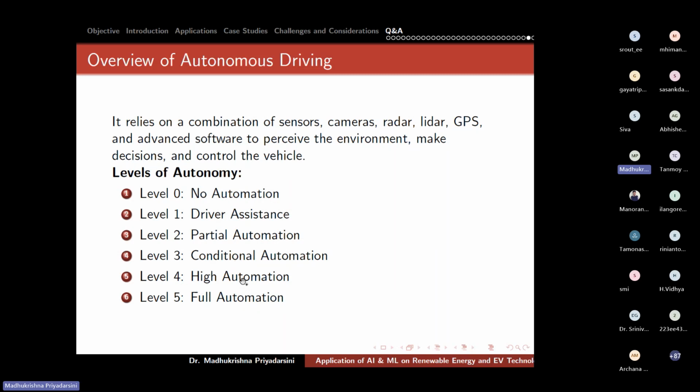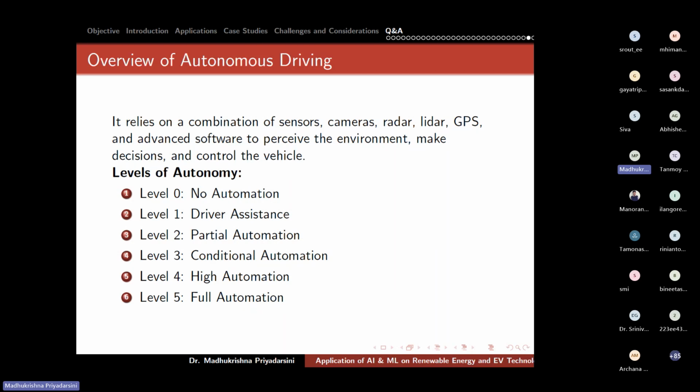High automation: the example I have given is the Google self-driving car, where a driver is not required. The devices or sensors present in each part of the car identify the input and the environmental conditions. Then there is communication between all those parts, like the communication between the gear and the steering.